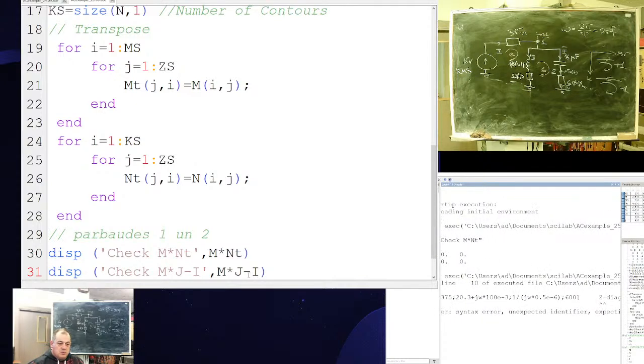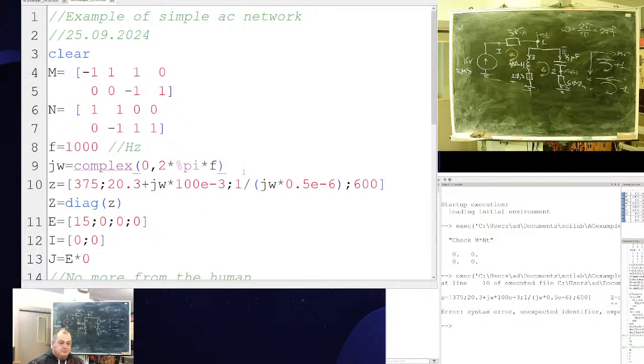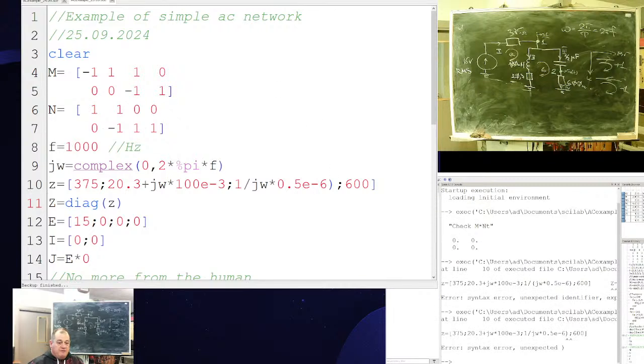What? Semicolon. Wait 1 second. It's because of this space, and this should start on a new row. I think.